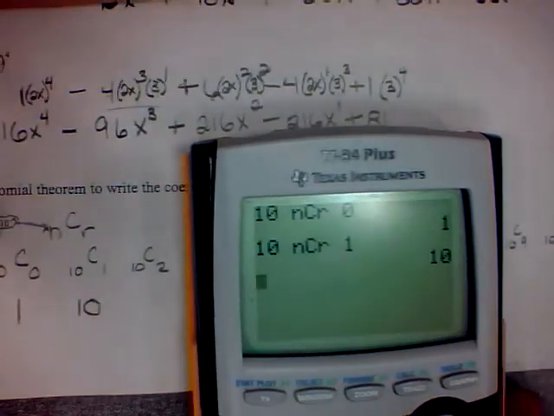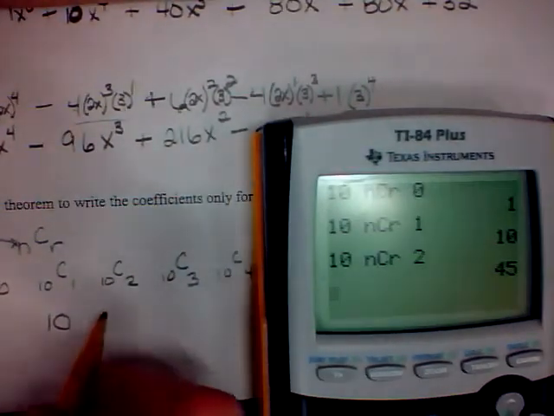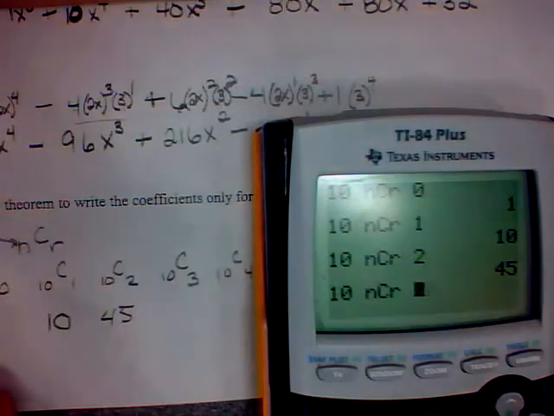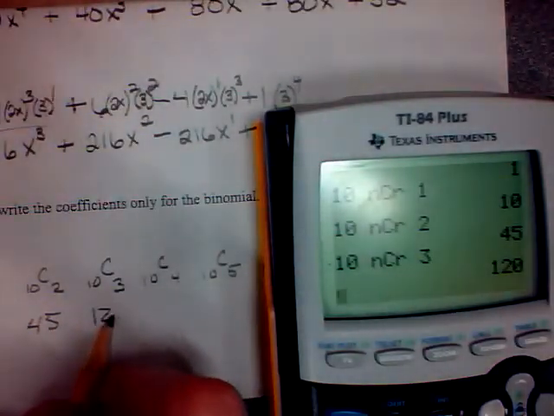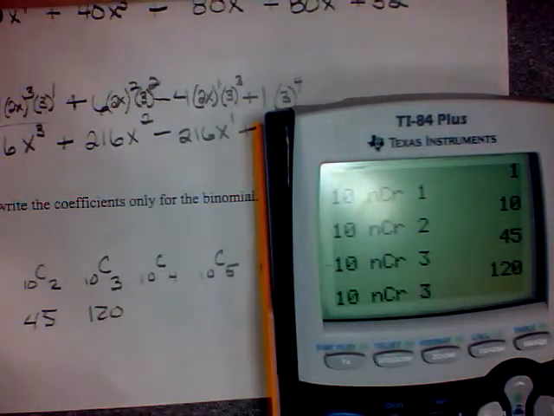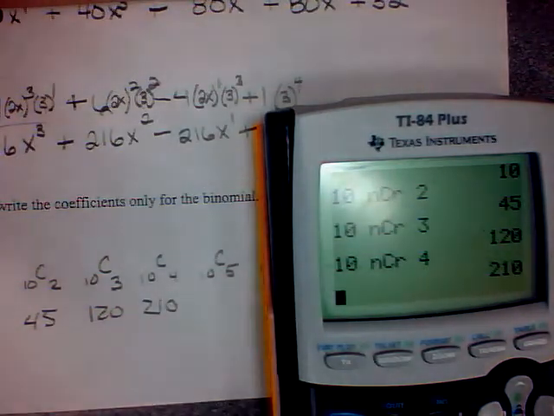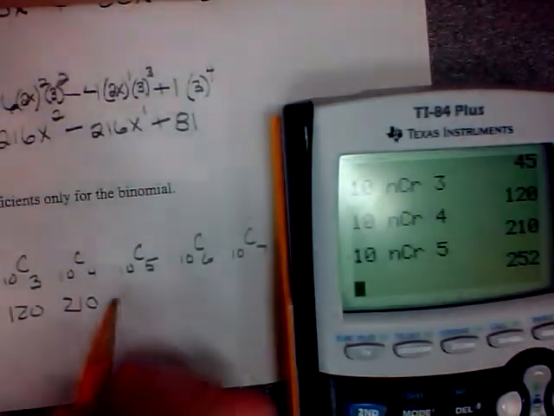Then moving down, hit second enter again, change the 1 to a 2, and that came out to 45. Change the 2 to a 3, that turns out to be 120. Change the 3 to a 4, you get 210. Change the 4 to a 5, you get 252.